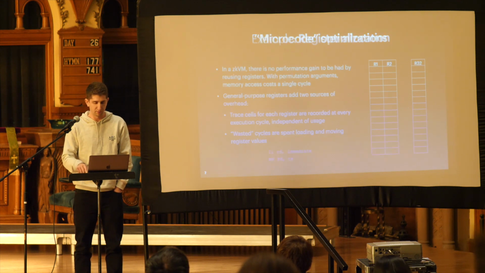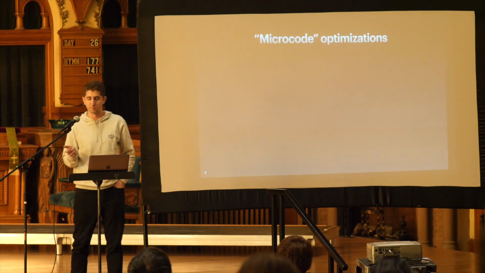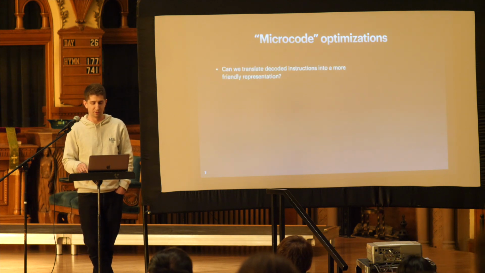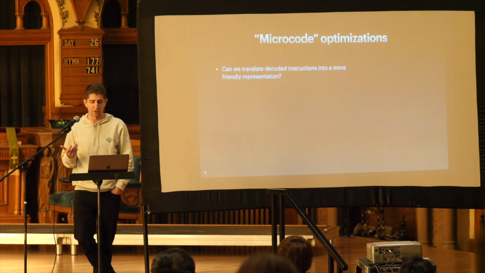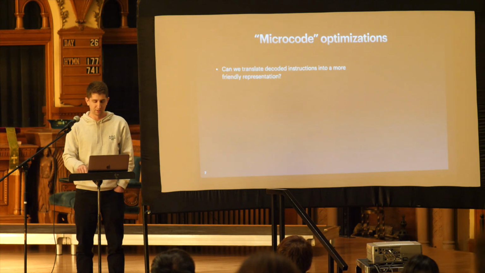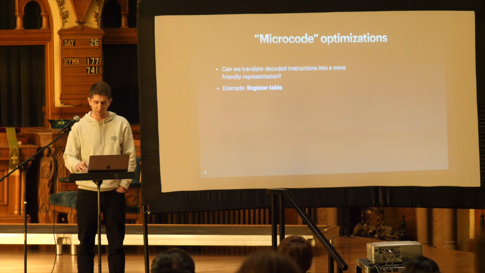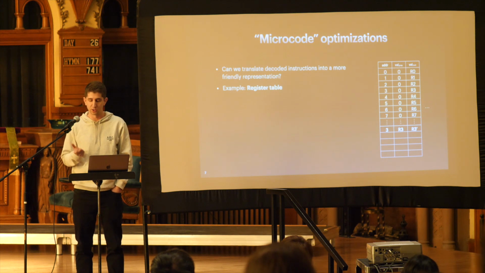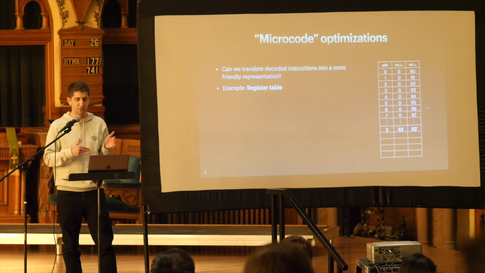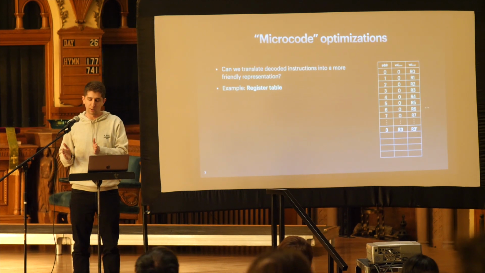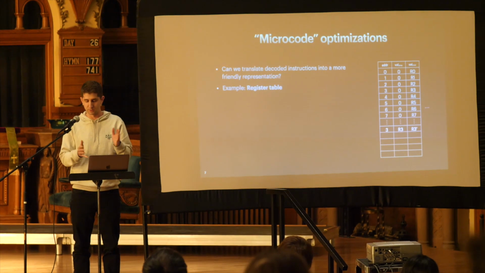So we can get around this with some microcode optimizations, in the sense that we can translate the decoded instructions into a more friendly representation. For example, a hypothetical example here: we could come up with a register table where we only keep track of the changes. First of all, we dedicate the first 8 rows of this new table and set the 8 register values to 0.